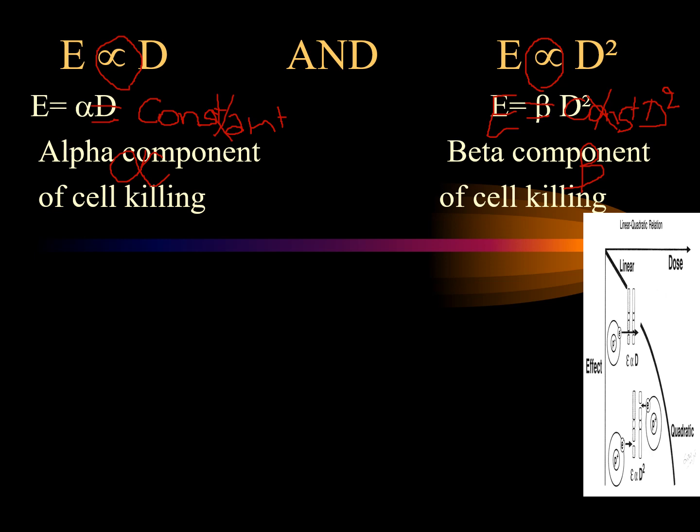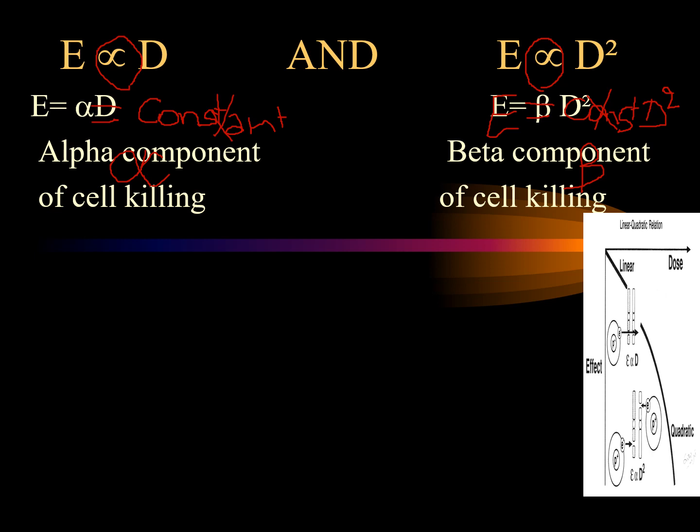And now you can understand that the effect of radiation in the first part of the curve is just in direct proportion to D, and we removed the proportion sign and added the equal sign and had to put a constant, and we call this constant alpha. And in the second part of the curve, you had to remove the proportion sign to put an equal sign, and we had to put a constant, and we call this constant beta.